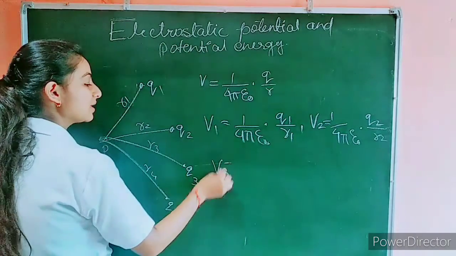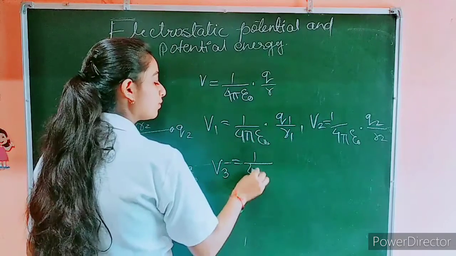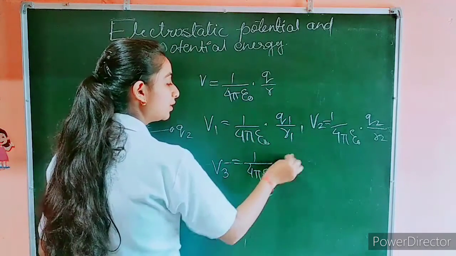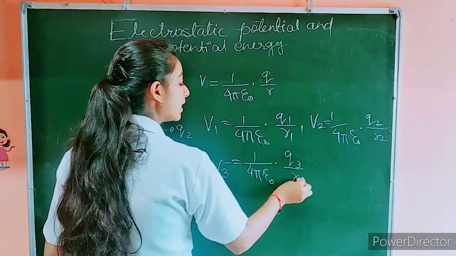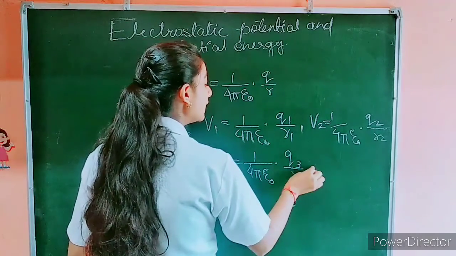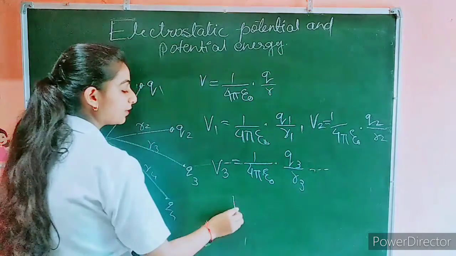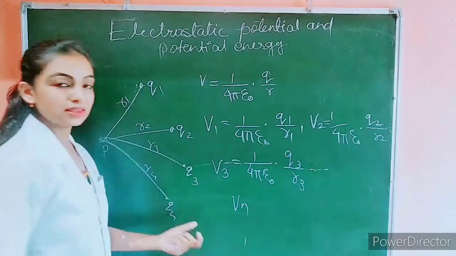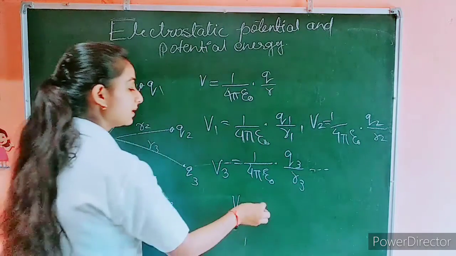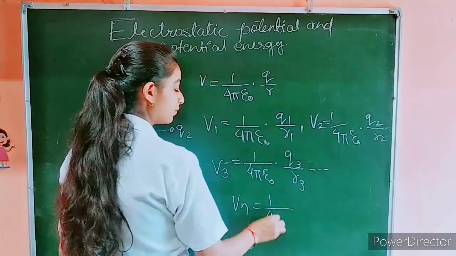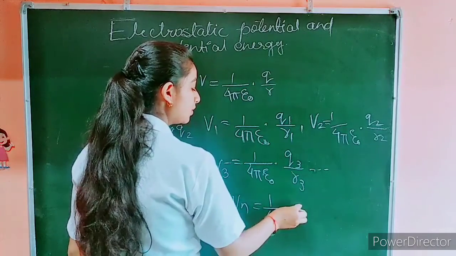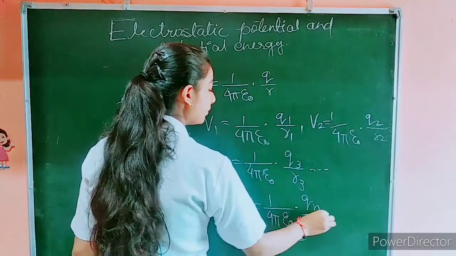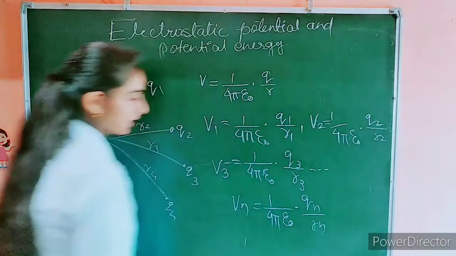For potential V3, 1 upon 4 pi epsilon 0 into Q3 upon R3, and so on. For calculating the potential of the nth charge, 1 upon 4 pi epsilon 0 into Qn upon Rn.